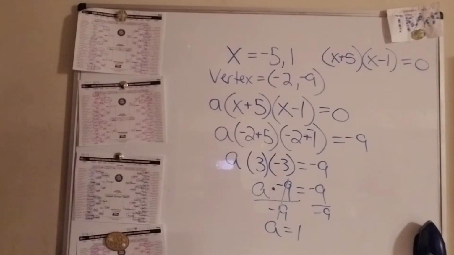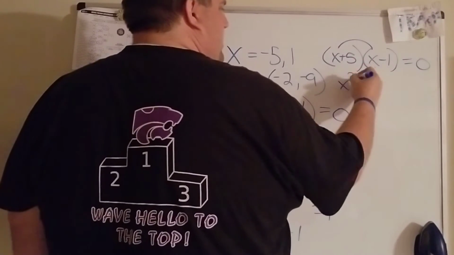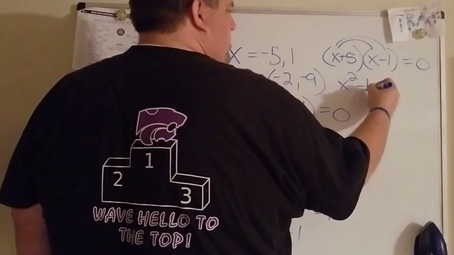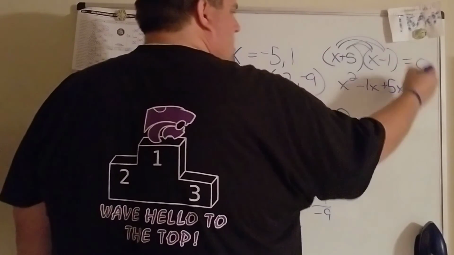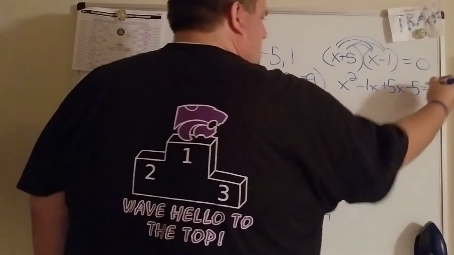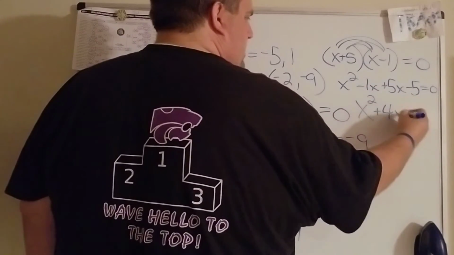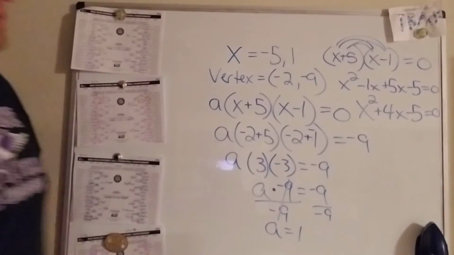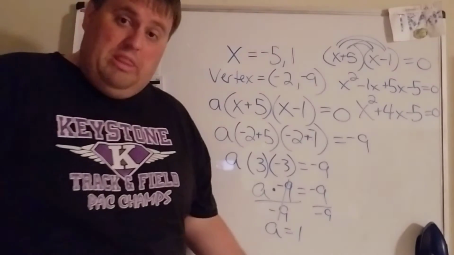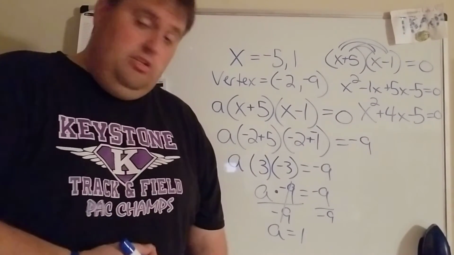Or I could put that in standard form and take it back out of factoring, depending on what you want to do with it. Add your like terms: x squared plus 4x minus 5 equals 0. And we can actually come up with what the function looked like from the solutions.